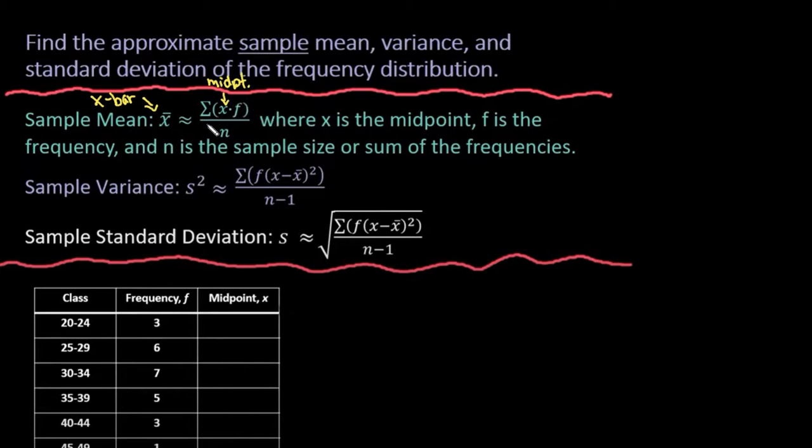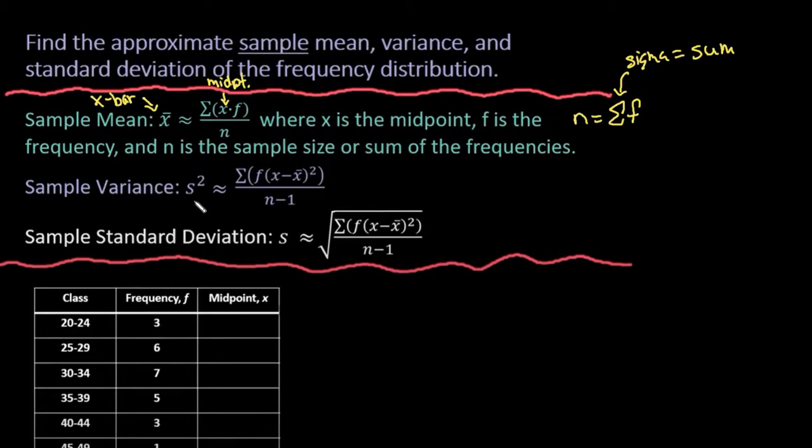So F just represents the frequency divided by N, where N is equal to the sum of the frequency. Just in case you're not familiar, this is sigma notation, and anytime you see this, it just means to find the sum of those values.